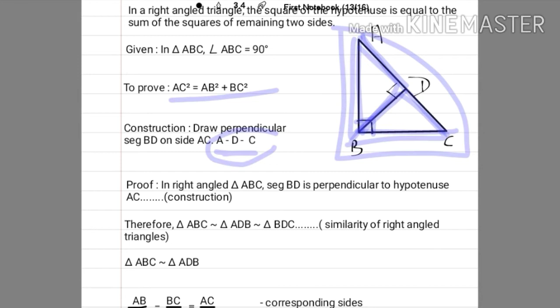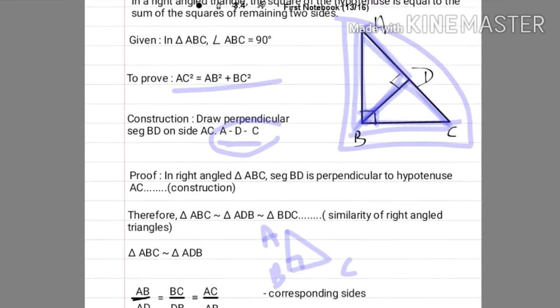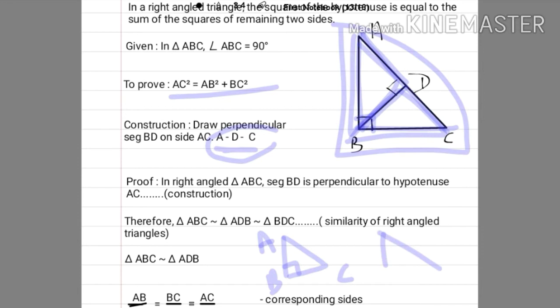Okay, moving ahead. Now we are going to consider the first two triangles, that is the triangle ABC is similar to triangle ADB. That means we can just draw it separately. If we draw it ABC, this is a right angle triangle, right? So here is this, and the second triangle is ADB. Why I have drawn it like this is because 90 should be on the same side, right? Also the vertex A is common in both, so A will remain on the upper side.